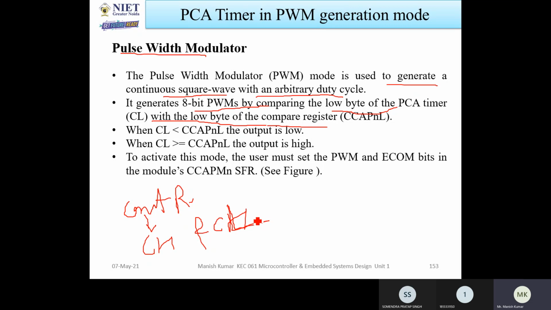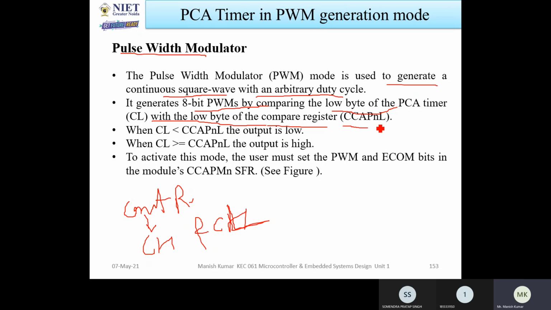Now in the same way the compare register is also there, that is called CCAP. This compare register is also divided into two 8-bit registers, that is CCAPnL and CCAPnH. The n represents for which module you are going to define that.